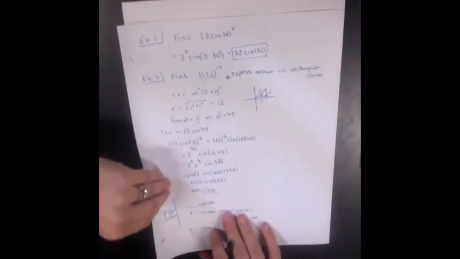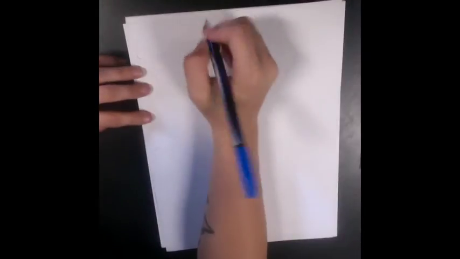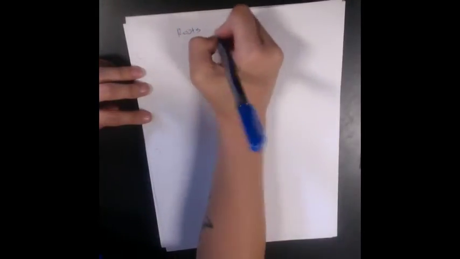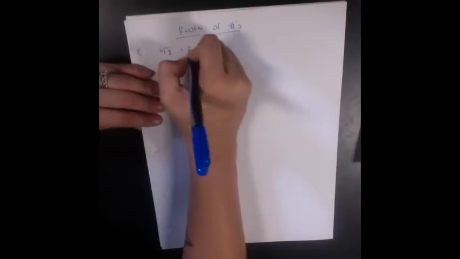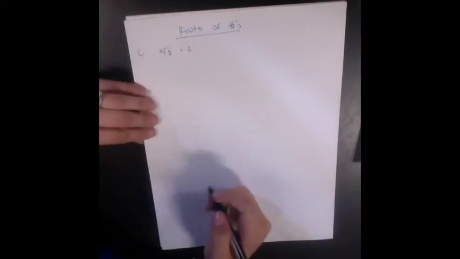All right, now let's move on and talk about roots of numbers. An idea that maybe we haven't thought about before is if we were to take the cube root of 8, normally we say that that is 2.